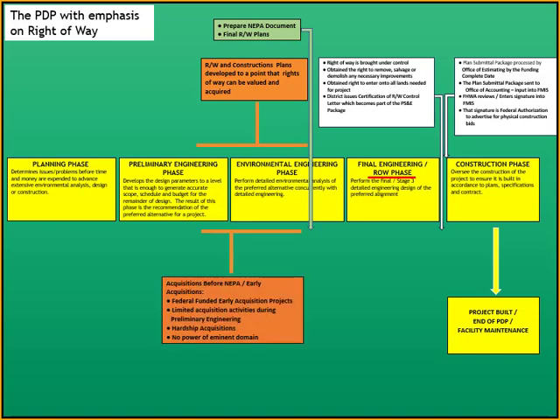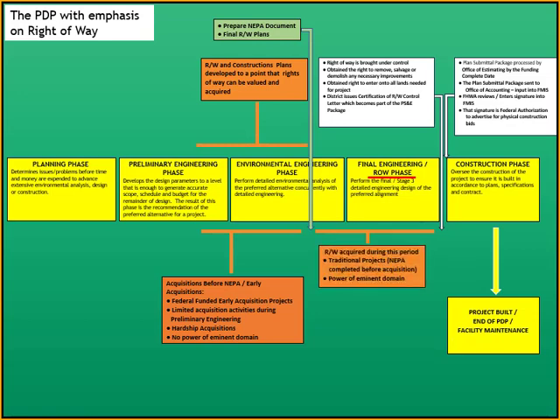Acquisitions that occur before the environmental document or before NEPA are known as early acquisitions. Examples of those are federally funded early acquisition projects, limited acquisition activities that happen during the preliminary engineering phase, and hardship acquisitions. Generally, for none of these types of acquisitions that occur prior to NEPA does the agency, ODOT, have the power of eminent domain.